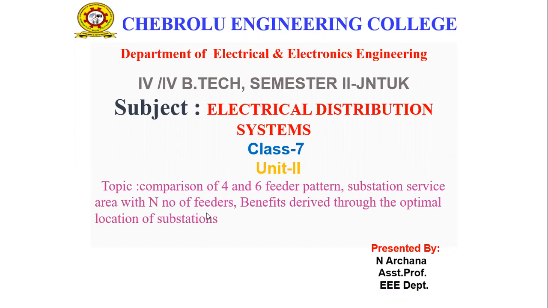When we connect n number of feeders, the percentage voltage drop, the area and the kVA rating will all be derived. The last topic in substations is the benefits derived through the optimal location of substations. These are the 3 topics that will be discussed in the present class.